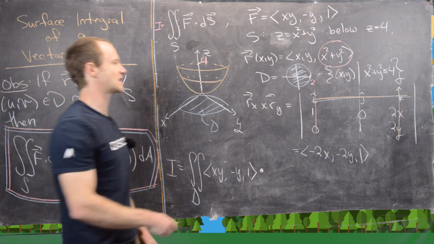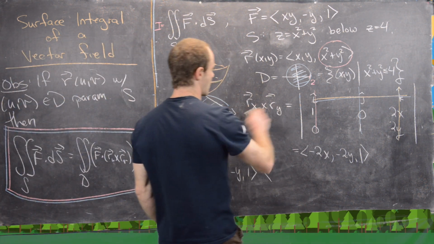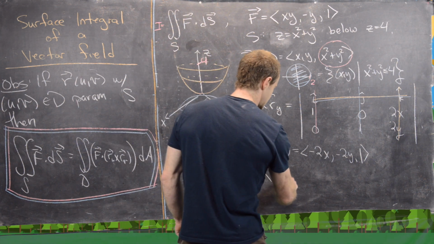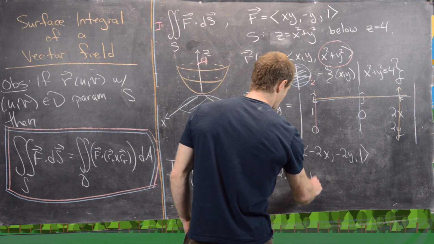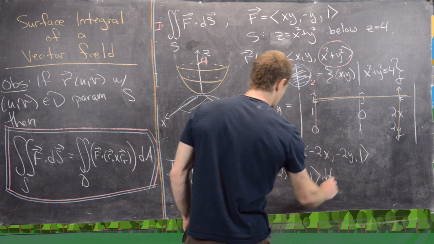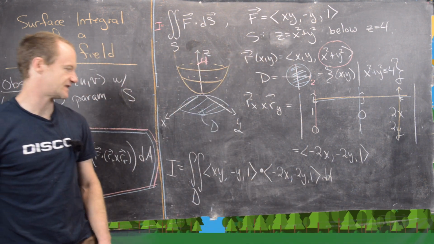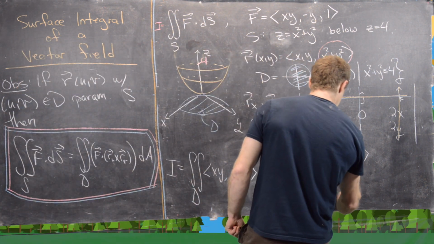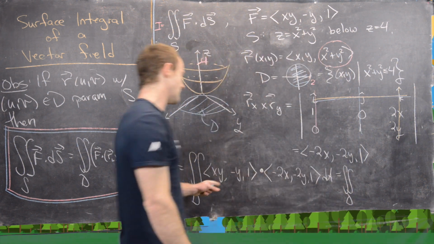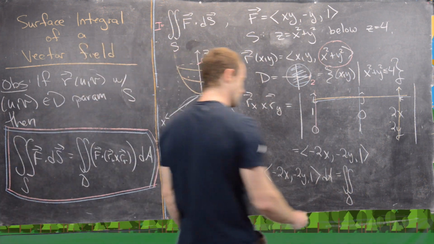Okay, so that's our vector field dotted with r_x cross r_y, which is minus 2x, minus 2y, comma 1, and then dA. Okay, so let's see what that's going to look like. So we've got the double integral over D, and then we're going to have minus 2x cubed y.